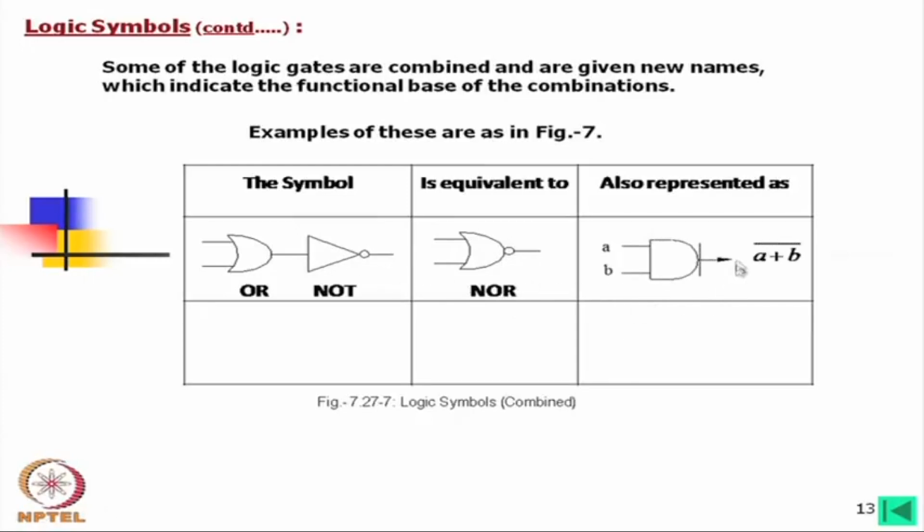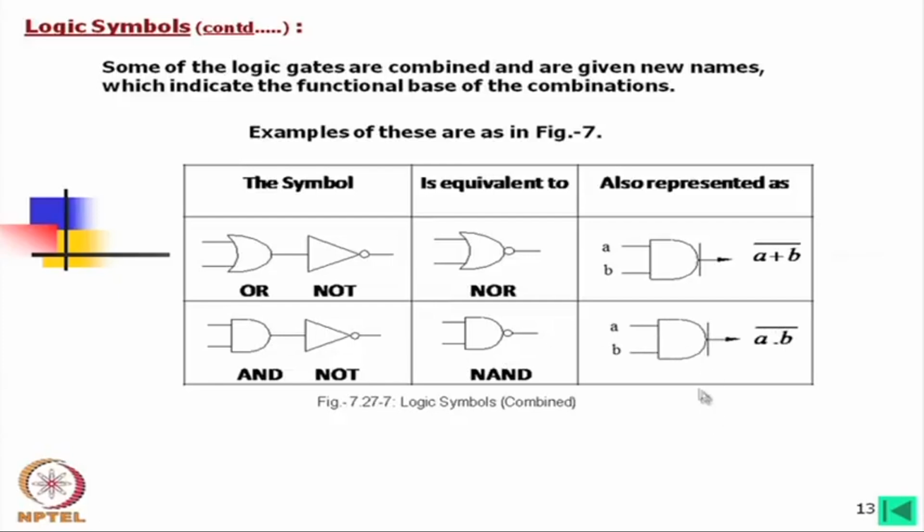Now, this is also represented like this. Usually with these symbols, you will find A B, A plus B bar is given. Take another one. In this case, we have put AND and NOT. Now, this is called NAND, but this is not a very popular one. The same way, an alternative one is this.